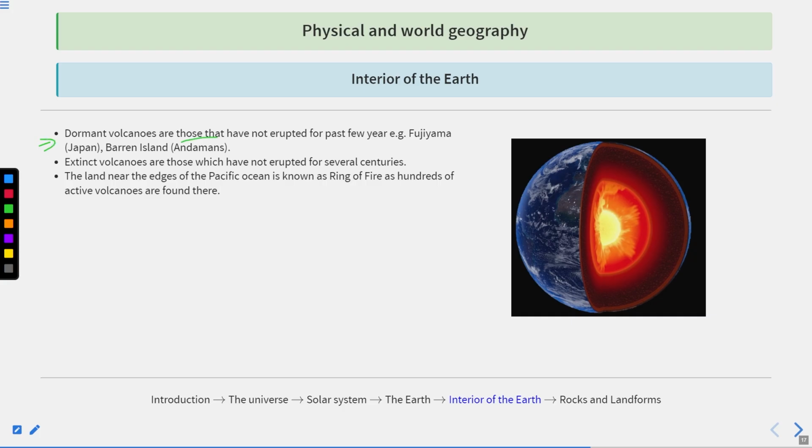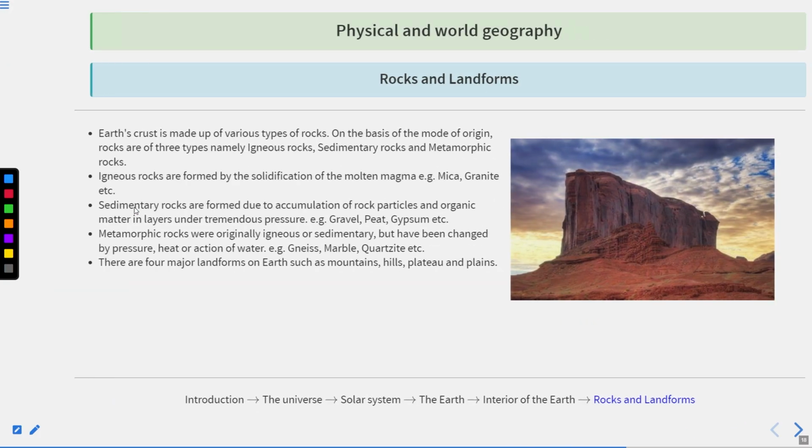Dormant volcanoes are those that have not erupted for the past few years: Fujiyama, Japan, and Barren Island, Andaman. Extinct volcanoes are those which have not erupted for several centuries. The land near the edges of the Pacific Ocean is also known as the Ring of Fire. Why? Because hundreds of active volcanoes are found here.